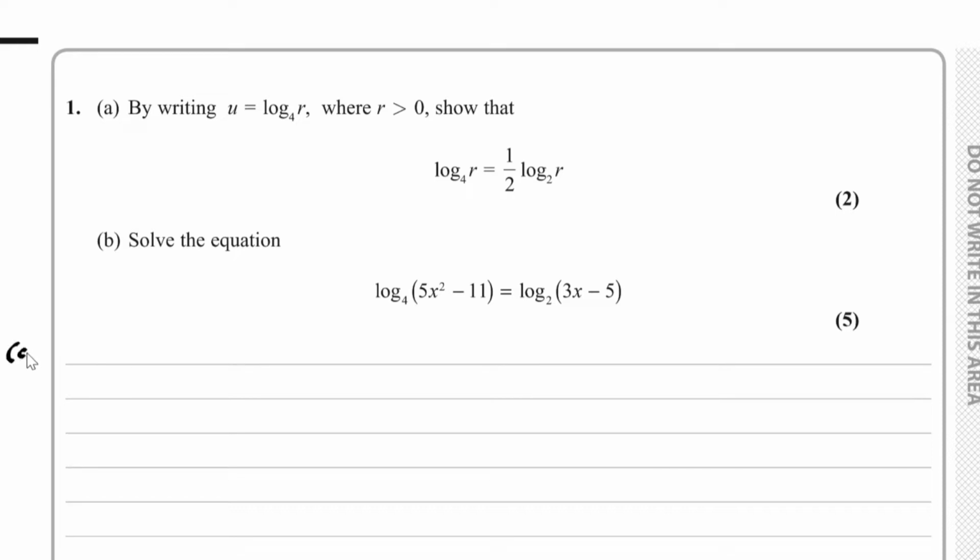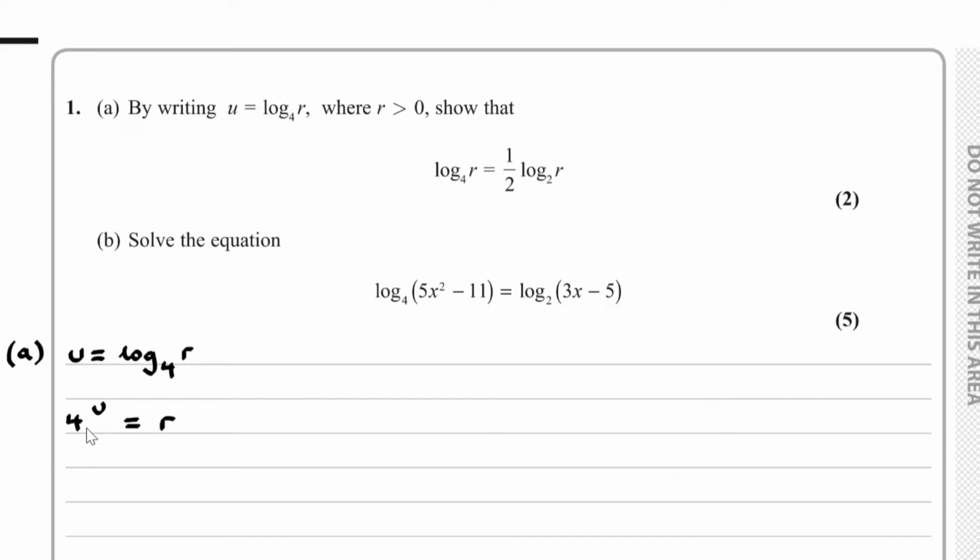So for part A, we begin with u equaling log base 4 of r. And if we anti-log both sides, we have 4 to the power of u equals r.